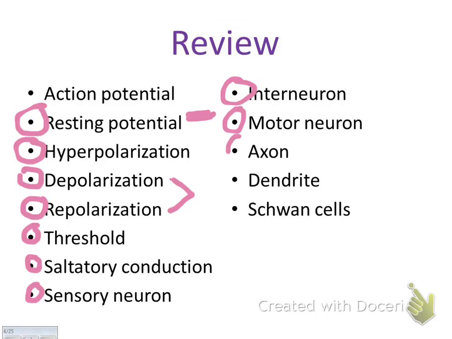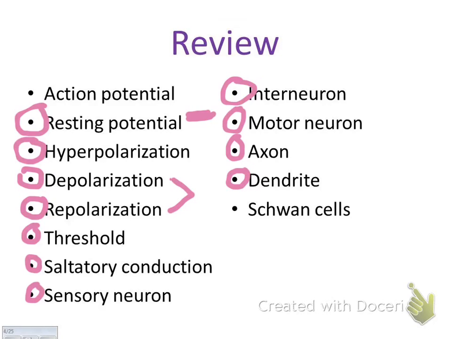Absolutely. Axon. It's the part of the neuron that sends the message, right? So there's one axon. Dendrite. It receives the signal. Good, receives the signal. Probably many of those on a neuron. Schwann cell.